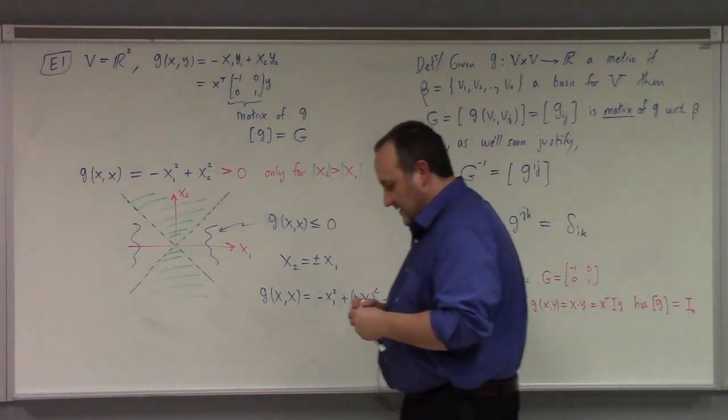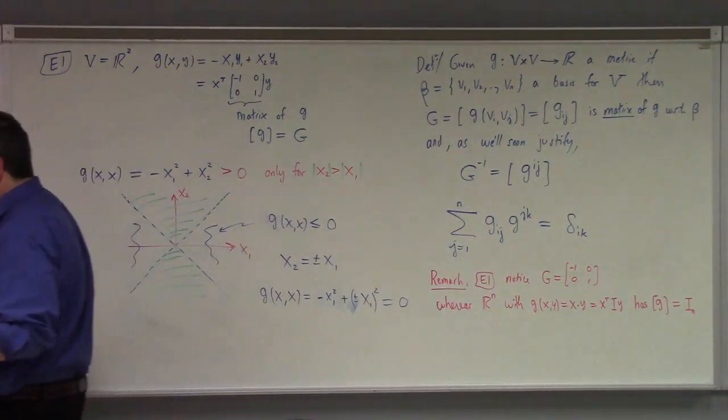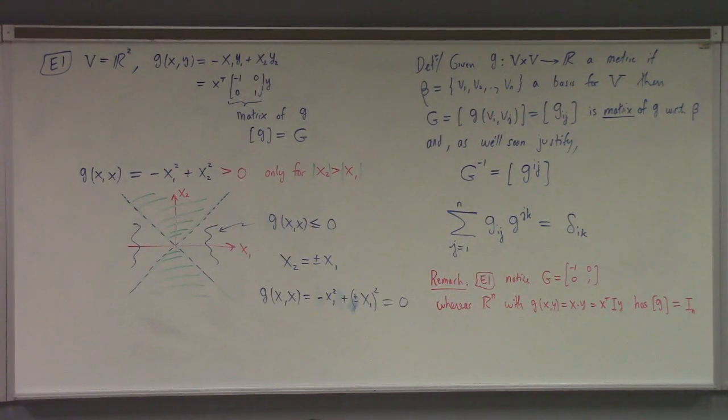As I told you last time, Rn paired with the dot product is a geometry we call the Euclidean geometry, and the matrix there with respect to the standard basis is just the identity matrix. It's the simplest possible case.